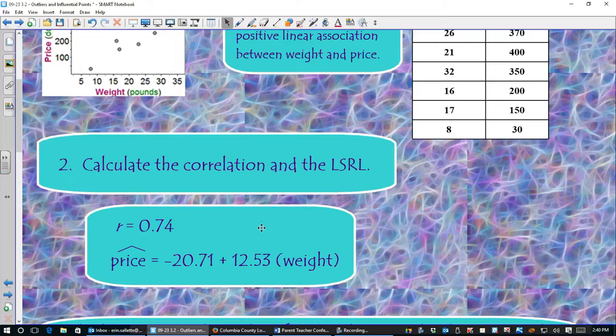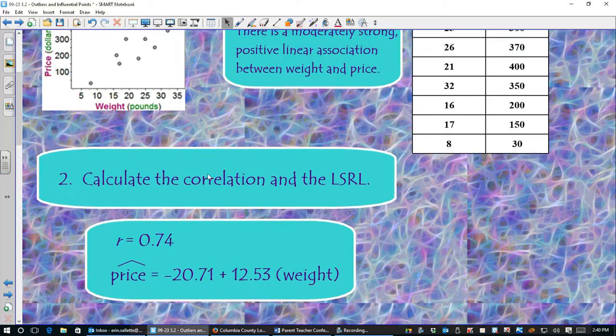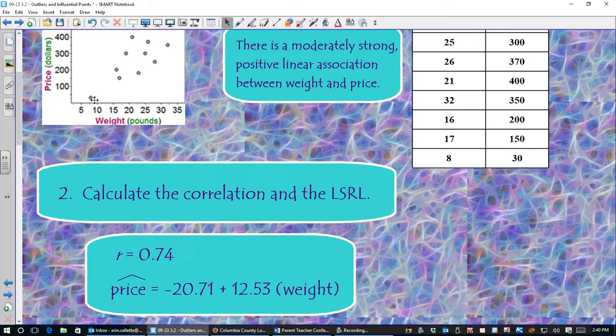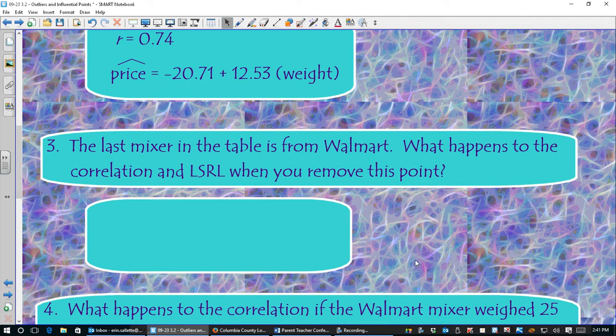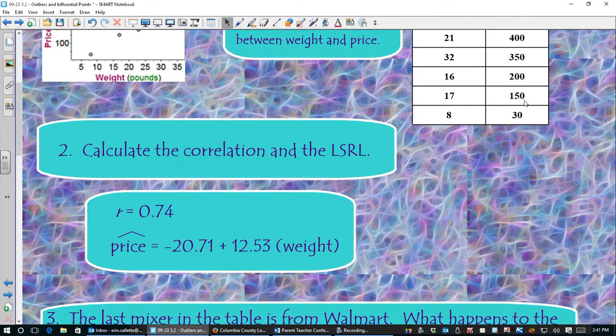Now let's see what happens when we remove a particular point, specifically this one right here. Now it goes along the lines of our regression line that we could construct here, so it doesn't necessarily look like an outlier here. But this last stand mixer is from Walmart. So what happens when we remove this point? So if we go into list 1 and list 2 and remove that last value, the last value is 8 and 30.